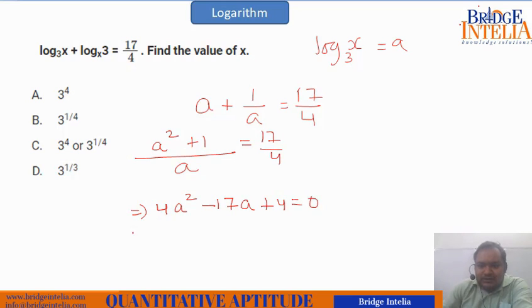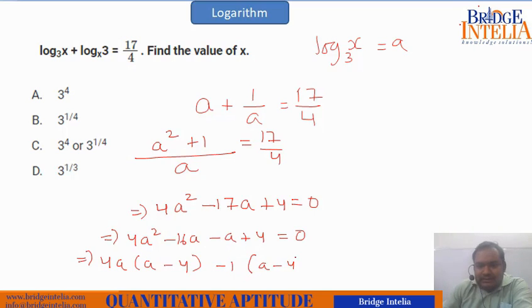From here, 4a square minus 16a minus a plus 4 is equal to 0. You can take 4a as common, a minus 4, and take minus 1 as common, a minus 4 is equal to 0. From here you can see that a is equal to either 4 or 1 by 4.